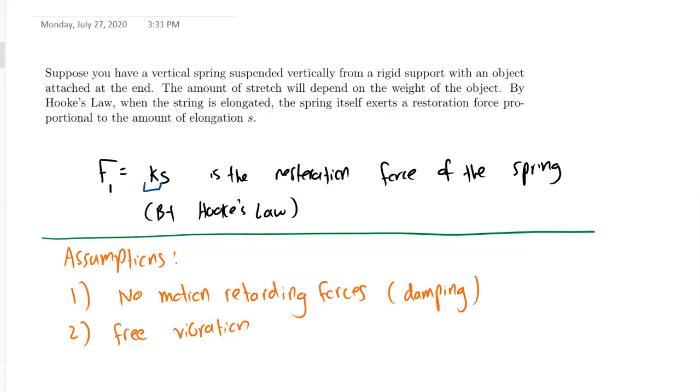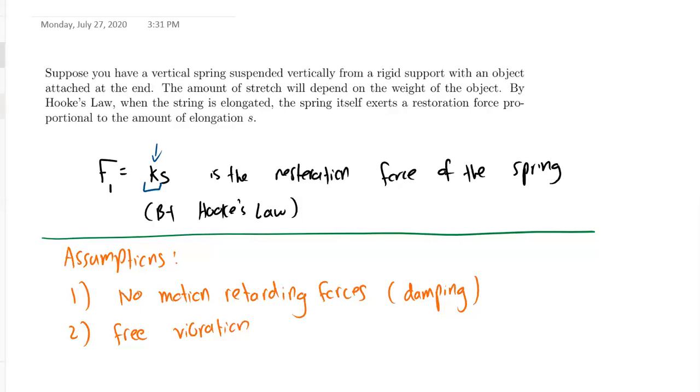So the larger k is, the fewer oscillations you're going to have because the spring is very stiff. So when you pull on the weight and let go, it's going to go back to its original state very quickly, and the oscillations are going to get smaller because the spring is very stiff. Again, this is determined by how large this constant k is.